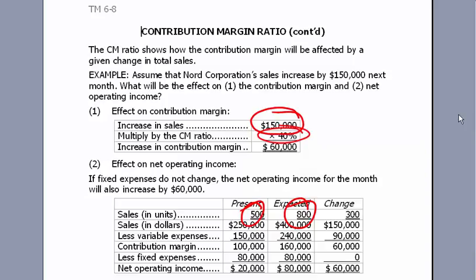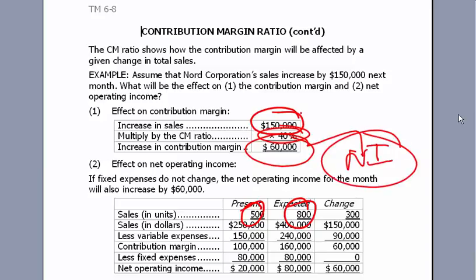So if we know that 40 cents on every dollar covers the cost of making additional bicycles, and that's just the variable cost, that's a key point, then we've got 60,000. Now at $60,000, if the fixed costs don't increase, then 150,000 in sales will send $60,000 right to the bottom line.